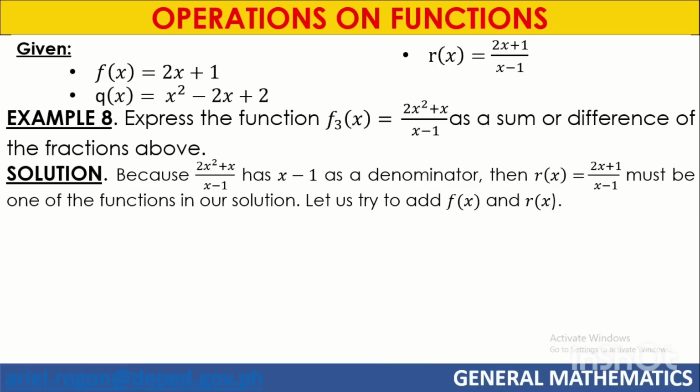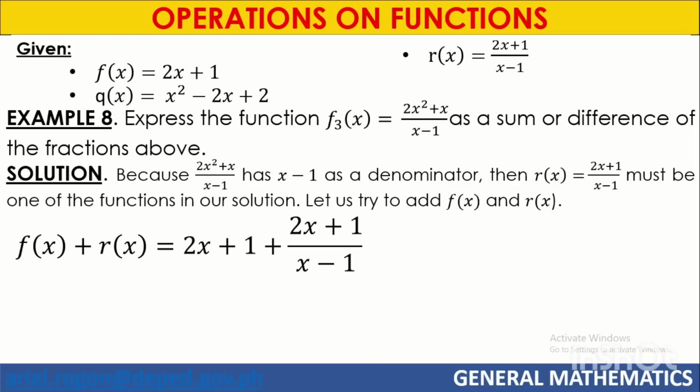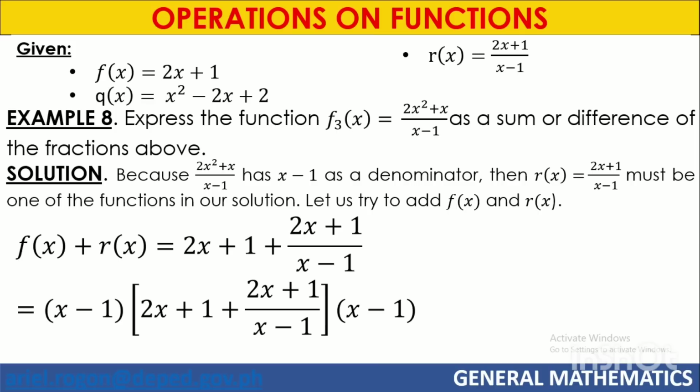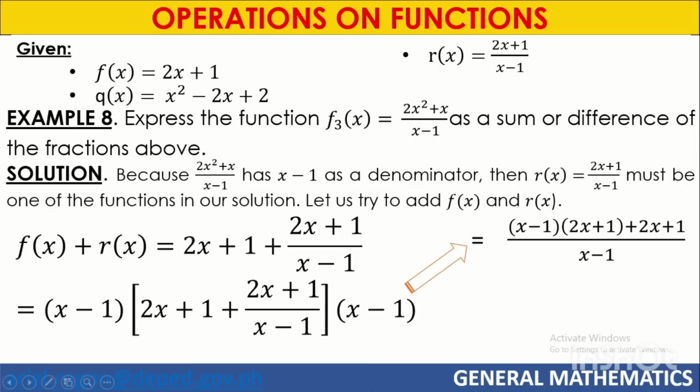Because 2x squared plus x all over x minus 1 has an x minus 1 as a denominator, then r of x is equal to 2x plus 1 over it must be one of the function in our solution. So let's try f of x and r of x. So add natin. So ito maka-cancel yan, no? Yung x minus 1.